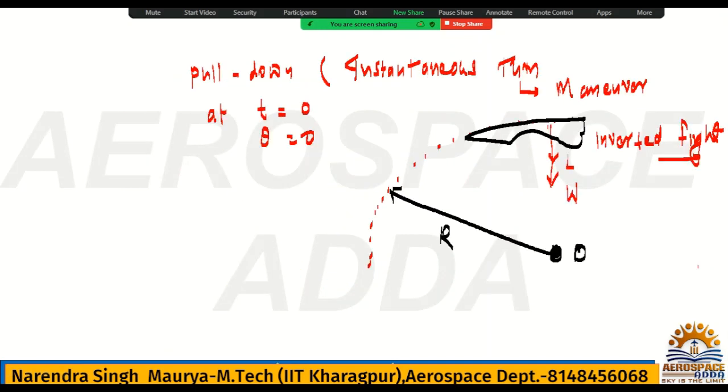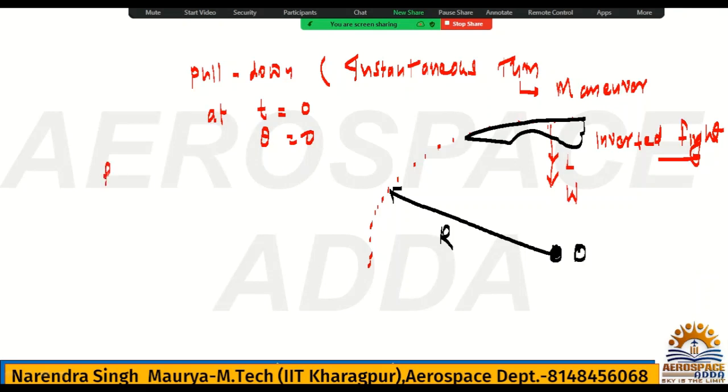Now in that case also, if you check the component, it will be L plus W cos theta. Because theta for instantaneous time will be 0, cos 0 will be 1.